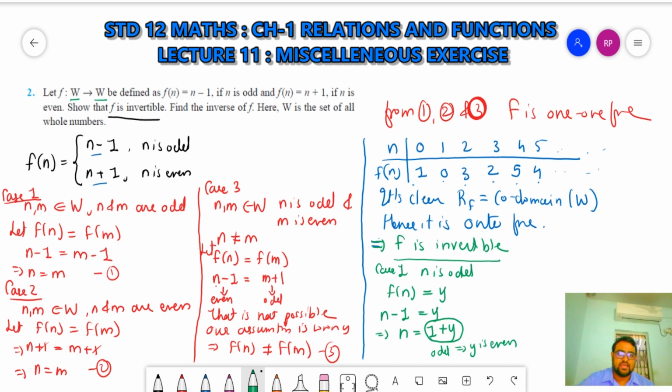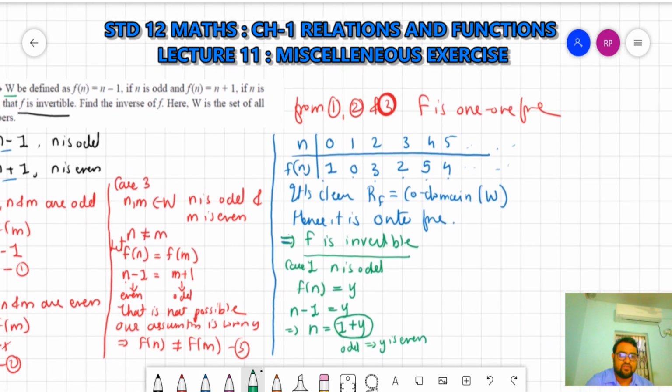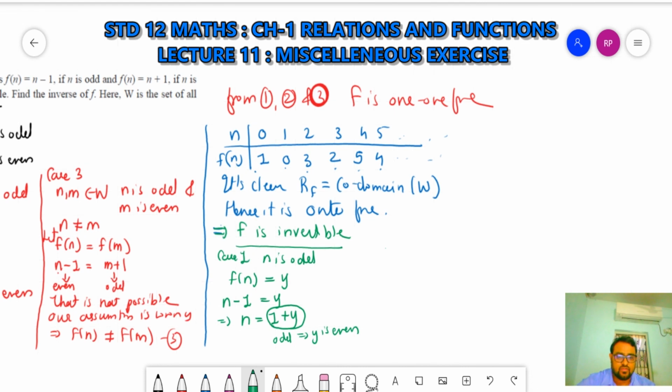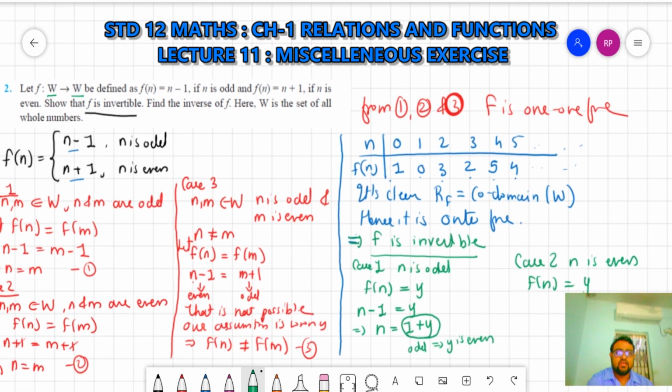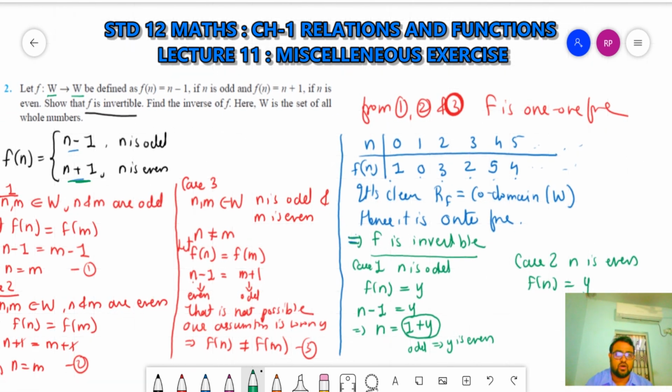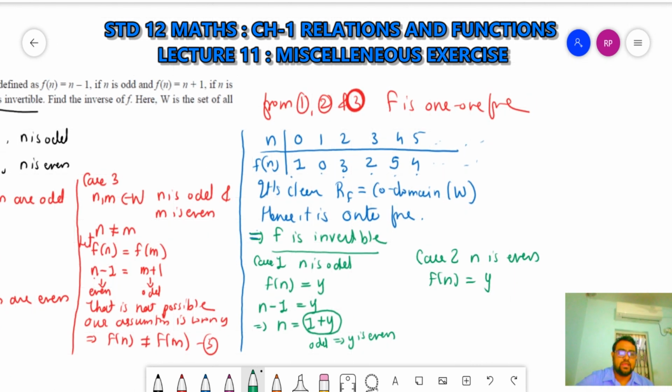Now let's take case 2, where n is even. So f of n will be equal to y. Now when n is even, what was our f of n? n plus 1. So n plus 1 equals y. That implies n is equal to y minus 1.